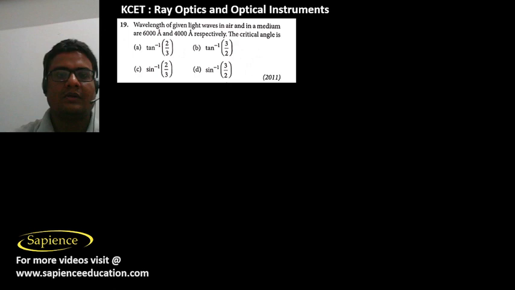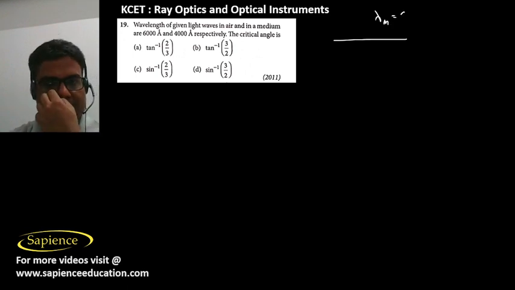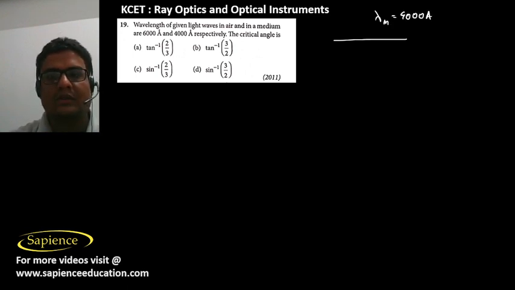Then in question number 19, it is told the wavelength of given light waves in air and in a medium are 6000 angstrom and 4000 angstrom respectively. The critical angle is how much? The wavelength in the medium is 4000 angstrom and the wavelength in air is 6000 angstrom.